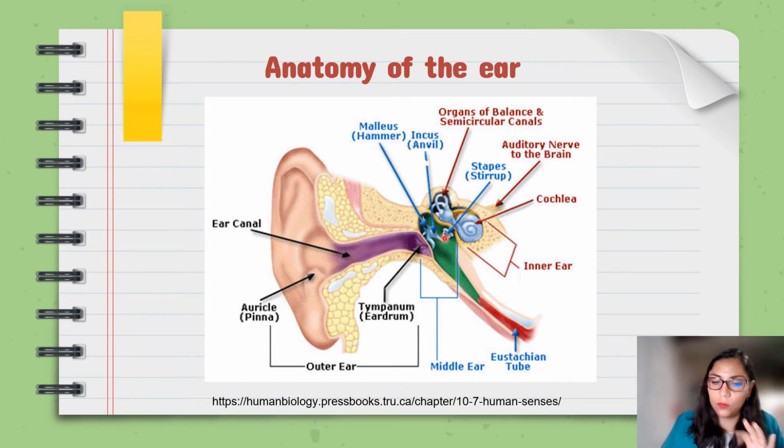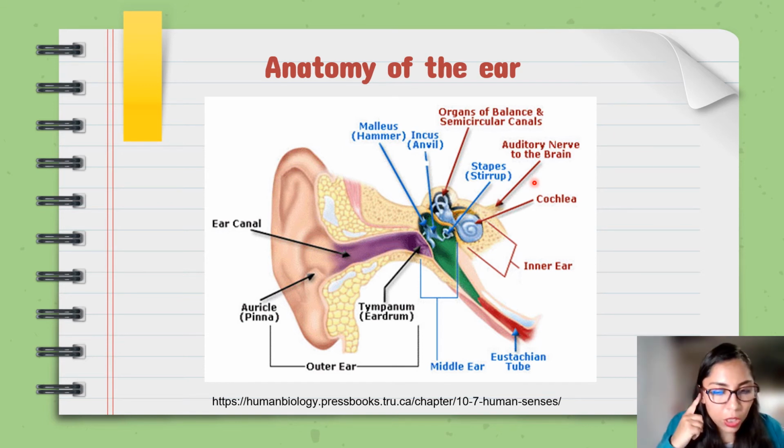These little bones perceive the vibration of our tympanum and then pass the vibration from the tympanum to this part that is the inner ear, where we can find this structure called the cochlea, where we can change that vibration in our receptors, mechanoreceptors, remember, and then we can pass this information through this nerve to our brain.